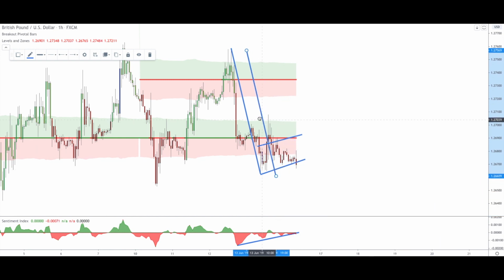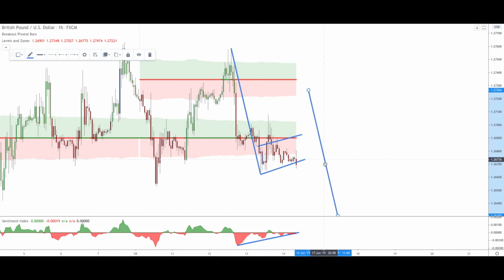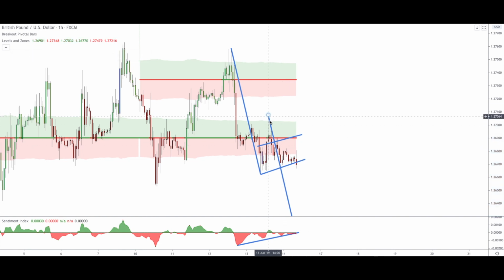So what I'm doing is taking the same impulse that the price made previously and projecting it to the downside. I start from the highest point in this consolidation. Even though it was kind of a one candle movement, because all the other candles are way lower than this one, I'll use this as a reference, as a starting point, and then I'm projecting it to the downside.